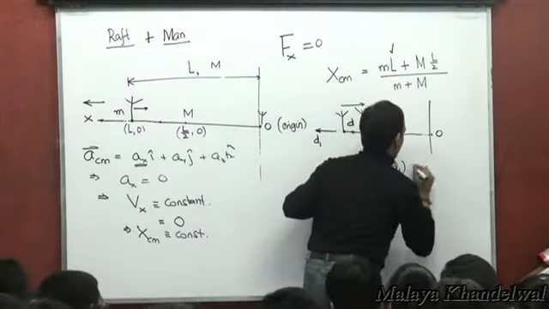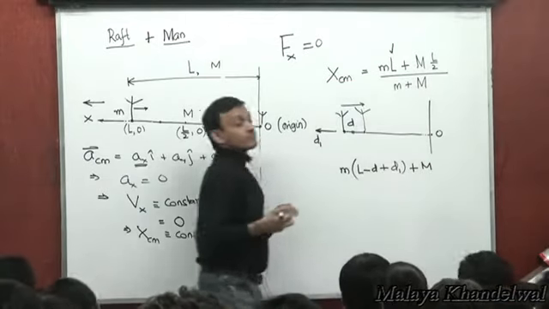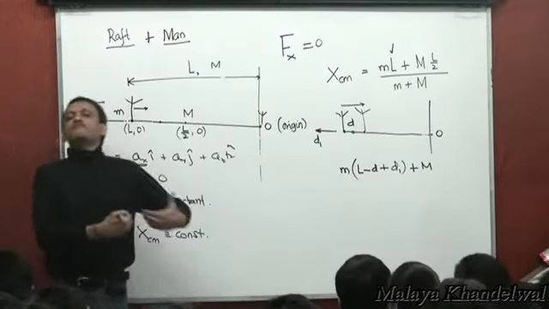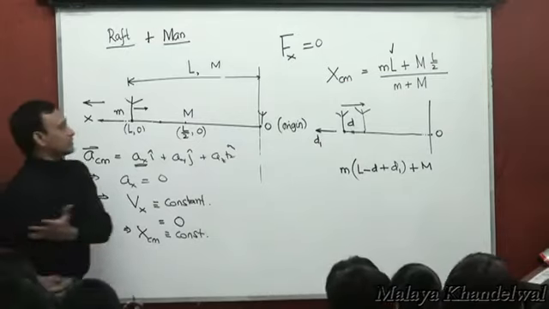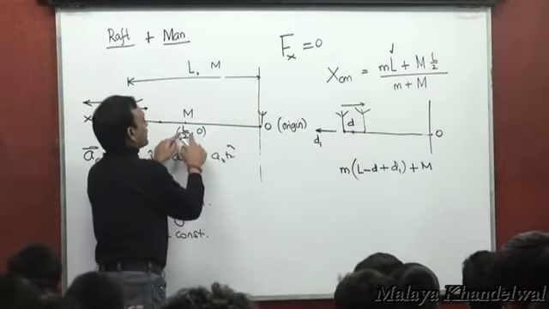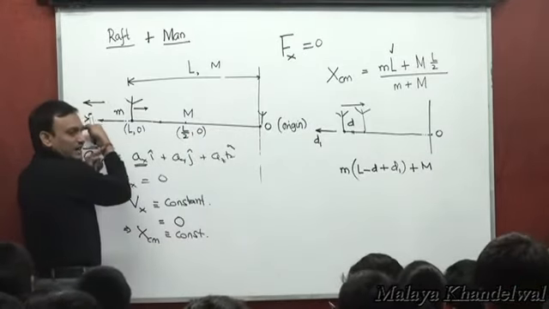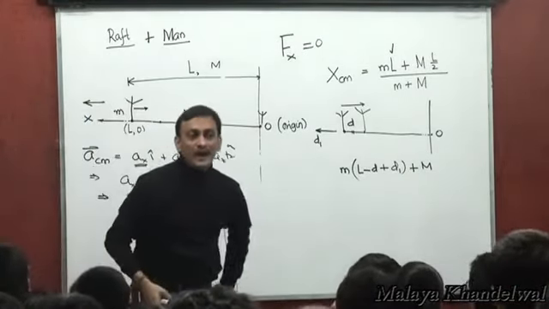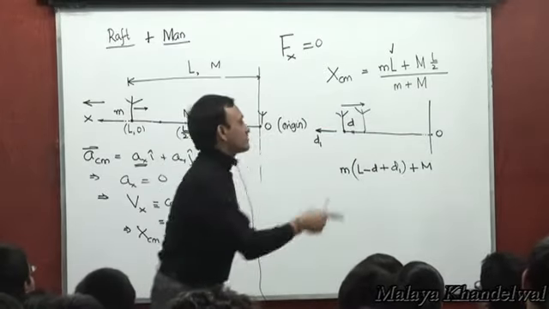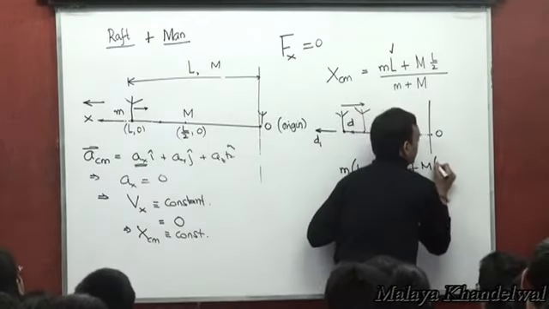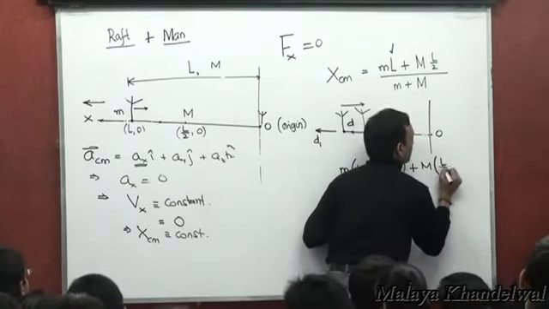For the raft, capital M: the raft has moved d1 units. Initially, the raft had its x coordinate at L by 2, but now it has moved, so its final x coordinate would be L by 2 plus d1, right?